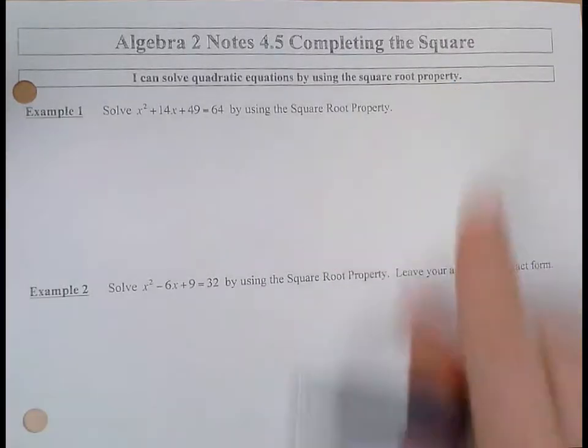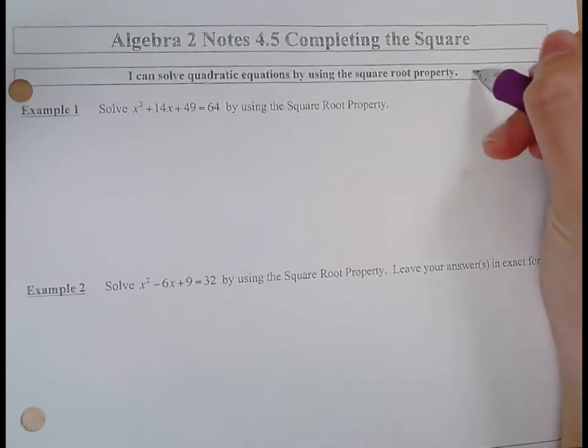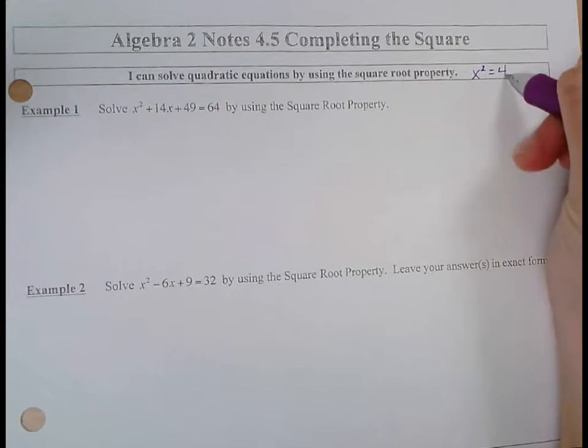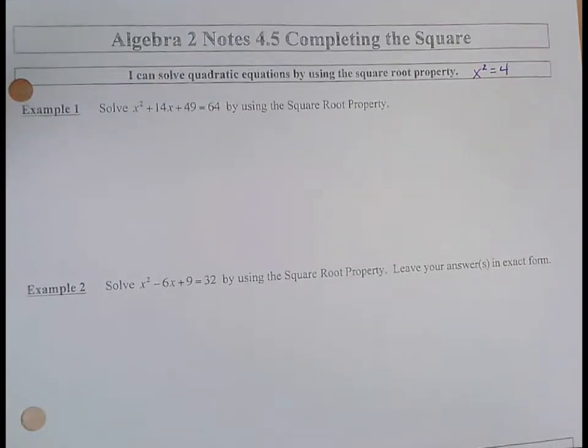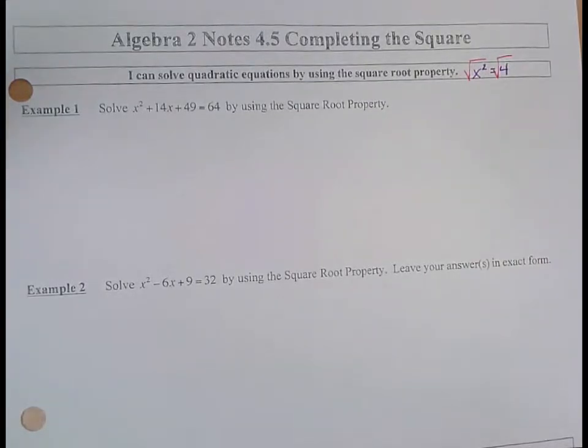So the square root property, just as a review, is say I had an equation x squared equals 4. This is just a simple example, where you didn't have an x term. It was just x squared, and then a constant term. So we get the x squared alone, so that to solve for x, we could take the square root of each side.